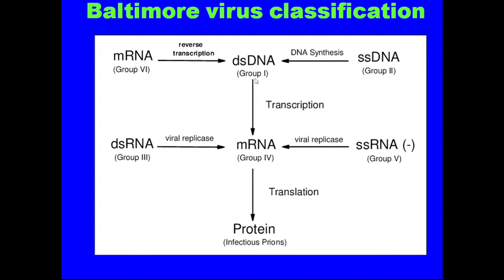See, this is group 1 and group 2 with DNA. Then group 3, double-stranded RNA. For these, I would like to tell what enzymes may perform the transcription of the DNA. My dears, these are regular enzymes, DNA-dependent RNA polymerase.